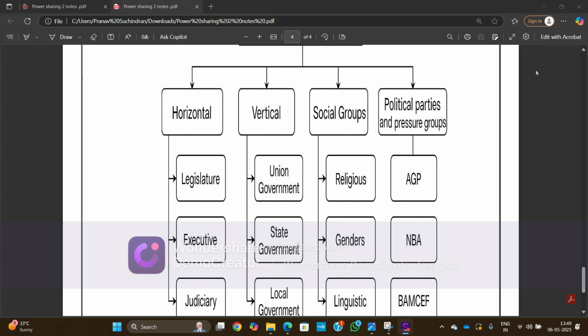Even pressure groups are mostly extensions of major political parties. They play a key role in expressing the public's interests. We can also see power sharing in many movements, like against a particular issue. There are many movements raised where we have a leader and other members who coordinate. We can see power sharing there as well.